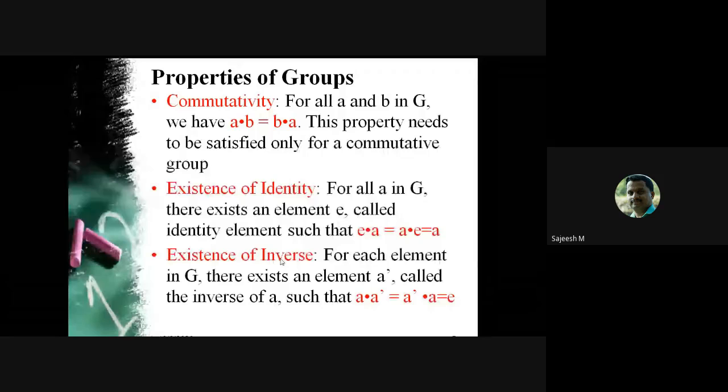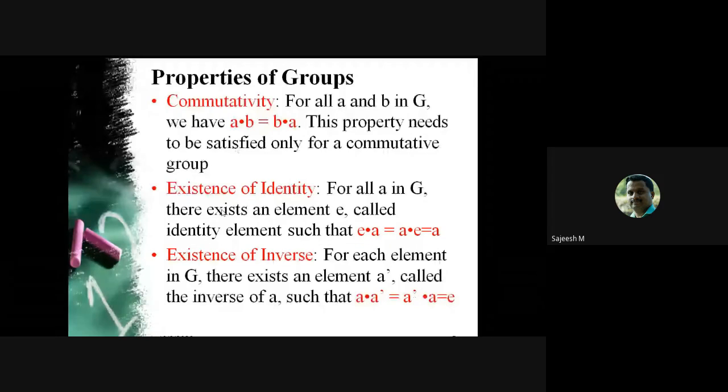Then the next one is the existence of inverse. For each element A in G, there exists an element A dash, called the inverse of A, such that A dot A inverse equals A inverse dot A equals E. There must exist an inverse element.